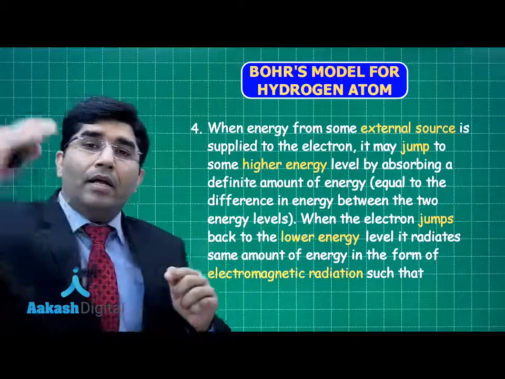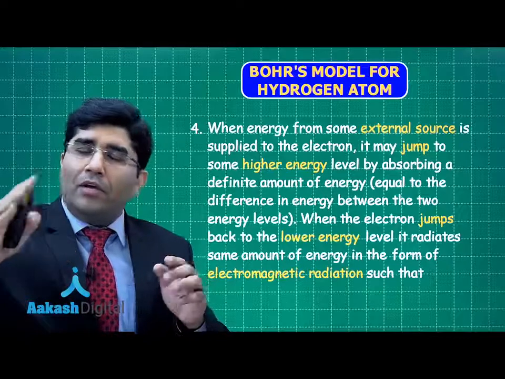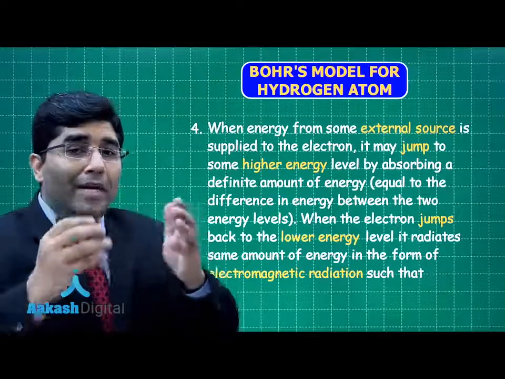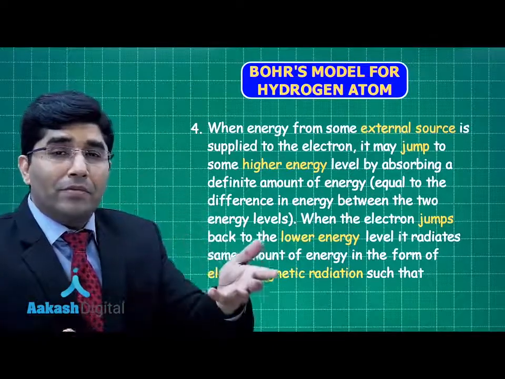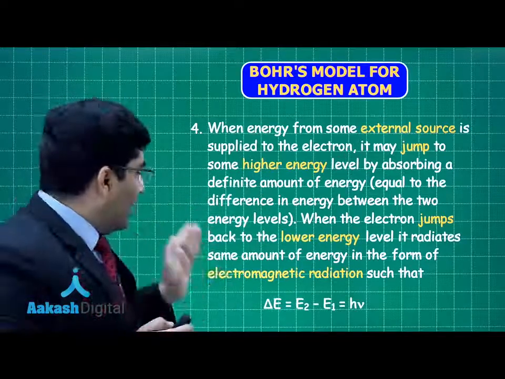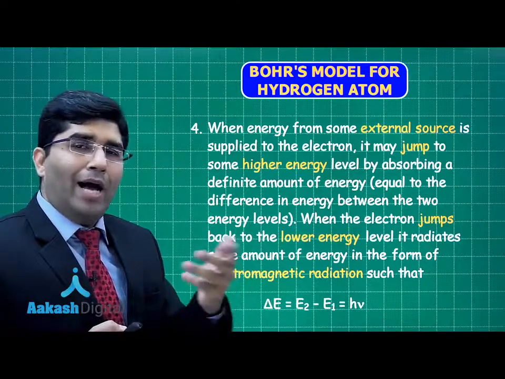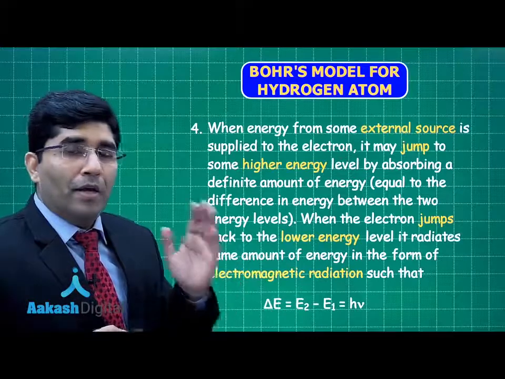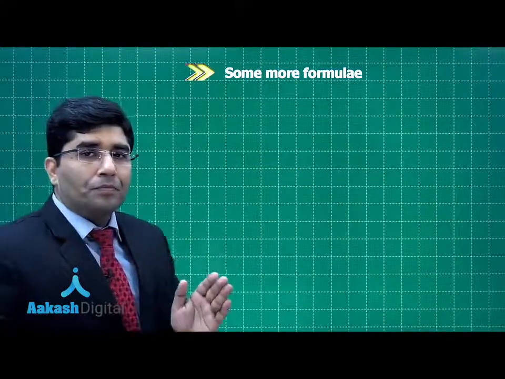When an electron jumps from a higher energy level to a lower energy level, as we have already discussed in the hydrogen spectrum, it will give radiation in terms of electromagnetic waves, and we can find the energy difference between those orbits. ΔE = E2 − E1 = hν, and we can write it as hc/λ also.